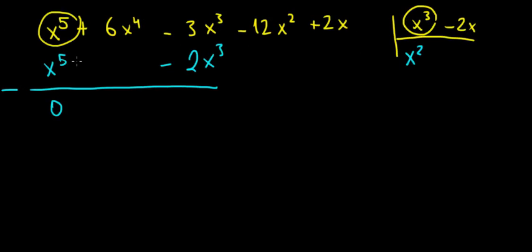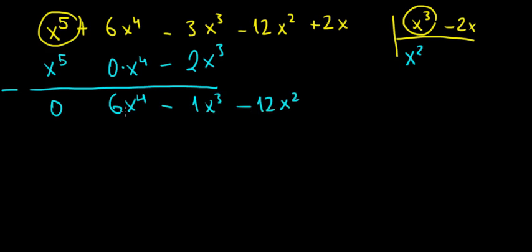We have no term with x to the power of 4, so it's just 6x to the power of 4. Minus 3x cubed plus 2x cubed, which is just minus 1x cubed. And let's take this term down, minus 12x squared.